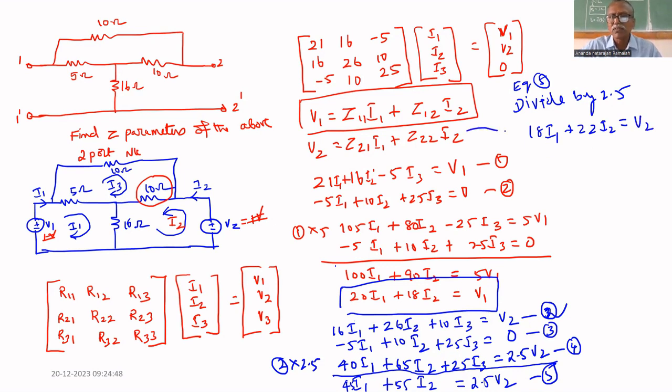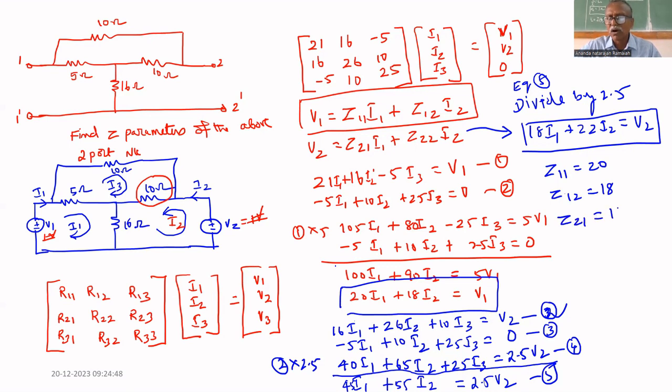Yes, we got this equation. Therefore, Z11 equals 20, Z12 equals 18, Z21 also equals 18, Z22 equals 22. Yes, we got the parameters.